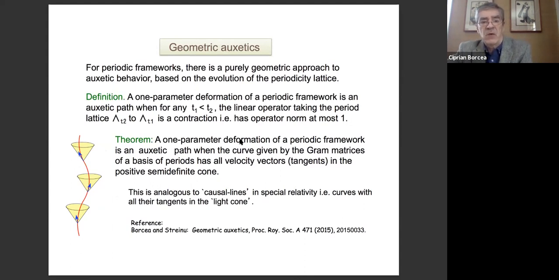So we have our one parameter deformation, and at each moment we can follow the Gram matrices of the periodicity generators. And this gives us a map, which is called the Gram map, from the deformation curve to symmetric matrices.